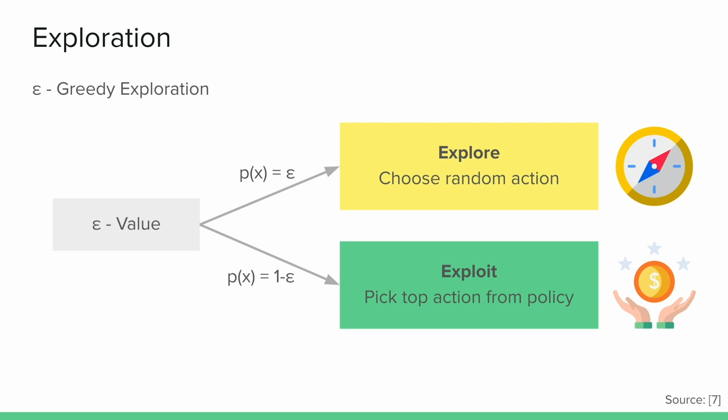And you can say, okay, there is a certain probability epsilon with which I will go this path and just take a random action. And the second path you could do is exploit the knowledge that you've already gained from previous learning phases and say, with a probability of 1 minus epsilon, we pick the top action of the policy.